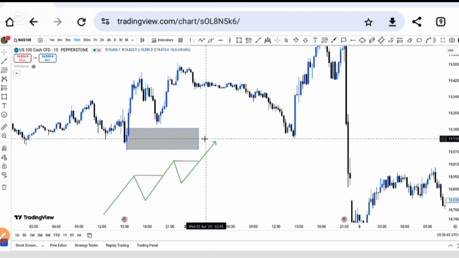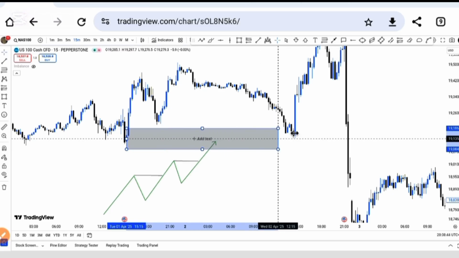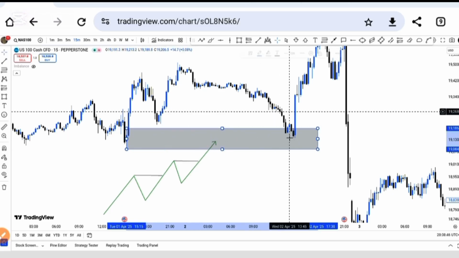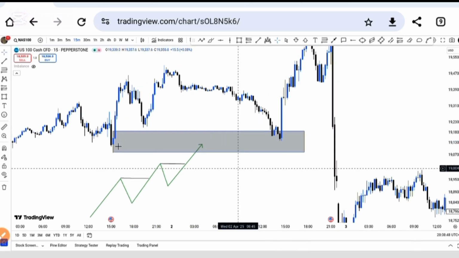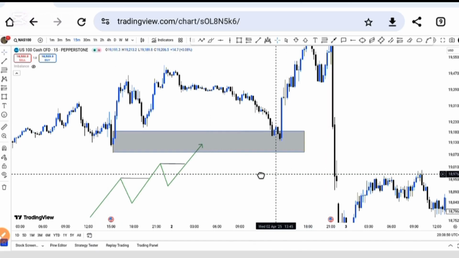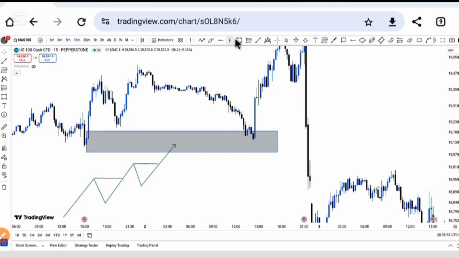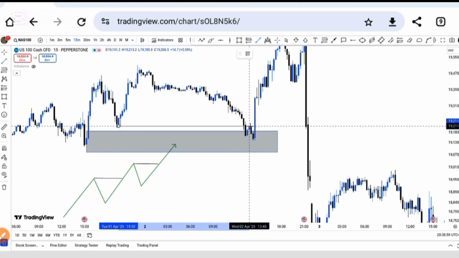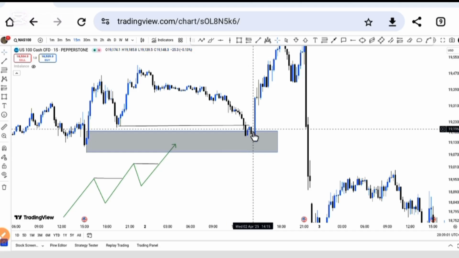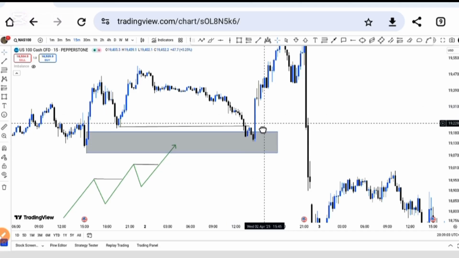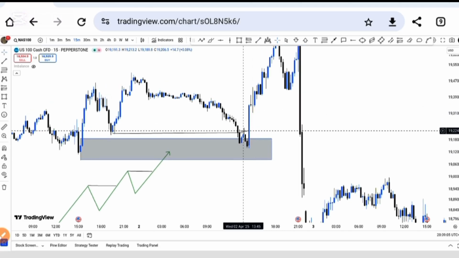I've seen this liquidity, and I want it to be induced into my order block. Once I see this liquidity taken out, I'm ready to go. My setup is complete. That is just how simple and easy the strategy is.